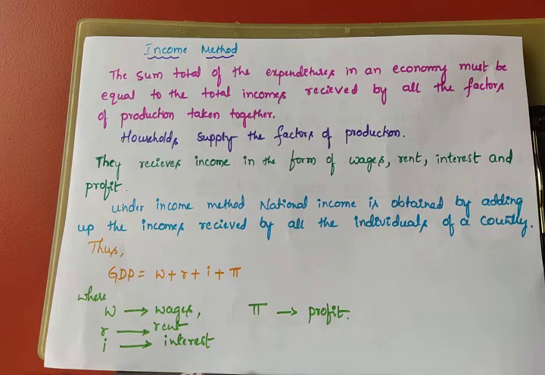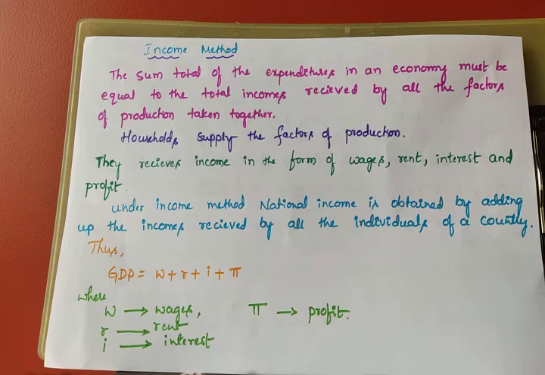Don't forget, the total expenditure in an economy in a year must be equal to the income received by all the factors of production. So expenditure should be equal to income.